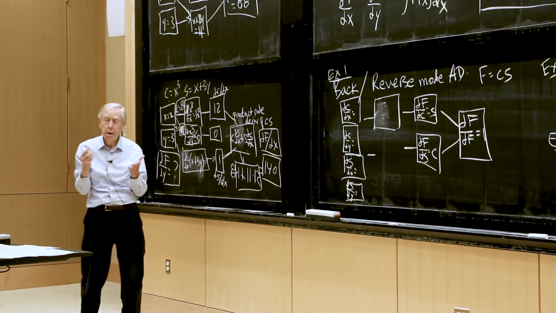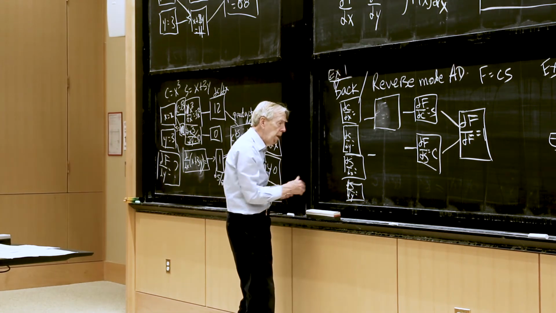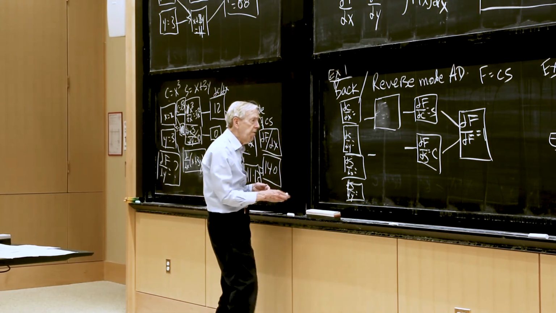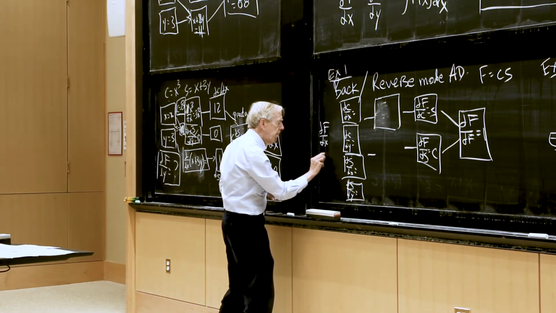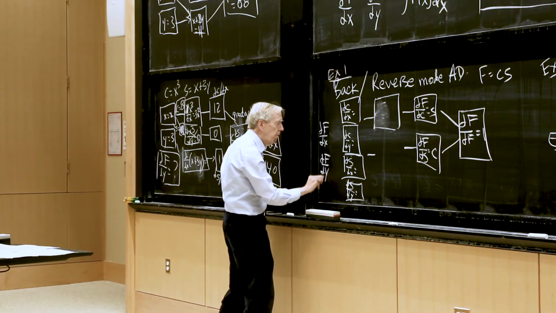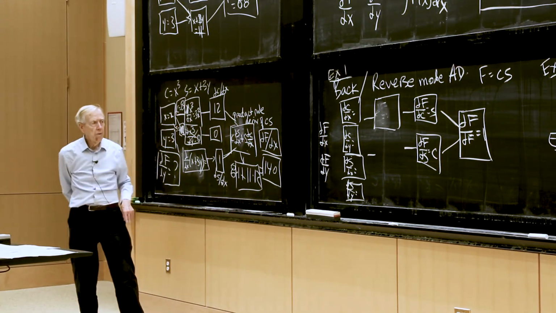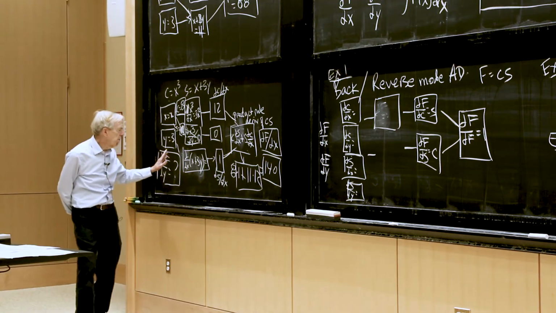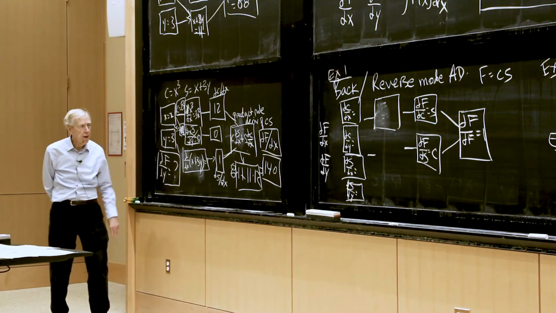But do you see the point? In the end, I'm going to find df dx and df dy from one chain, and not from a separate chain for x and a separate chain for y.